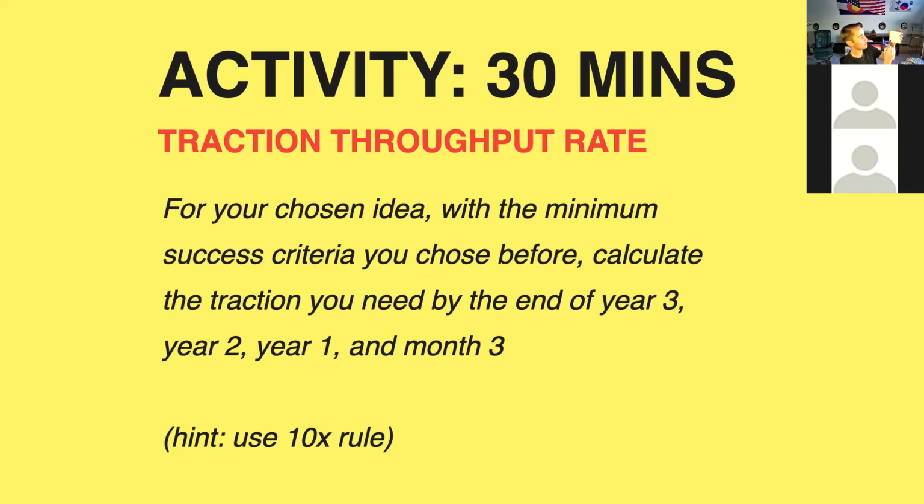Draw a big hockey stick going up to the right and have 3 points on it: year 1, year 2, year 3. I want you to calculate how many customers you need at each of those 3 stages. We already figured out how many customers you need for that last stage. I think it was 1,700.